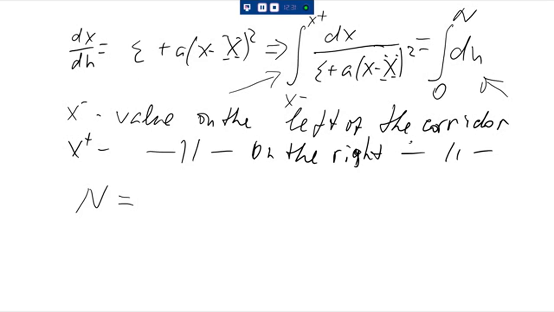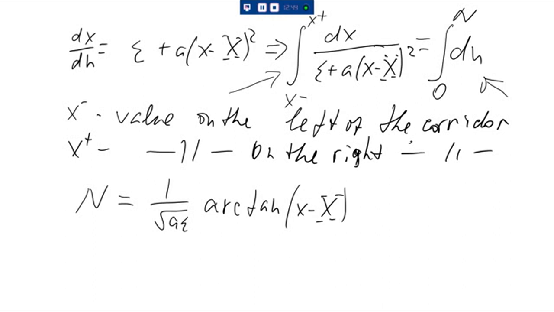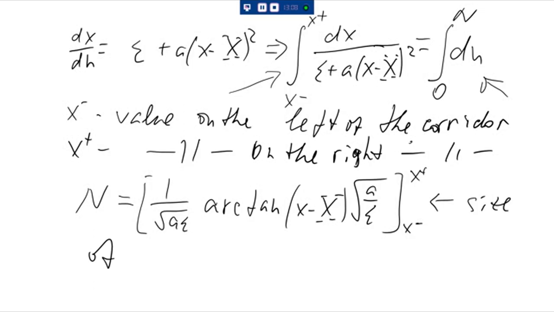So this is 1 over square root of a times epsilon, arctangent of x minus x capital times square root of a over epsilon, and this should be evaluated at the values x plus and x minus, which are the limits of the integral, and then it will be the size of the three periodic band.